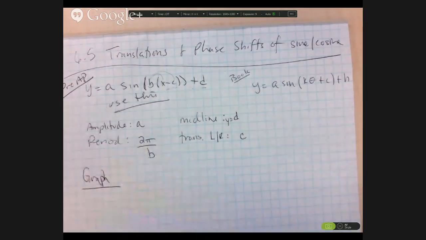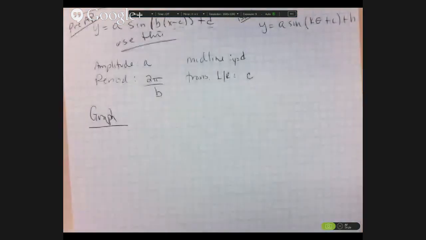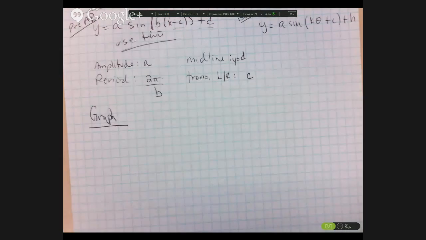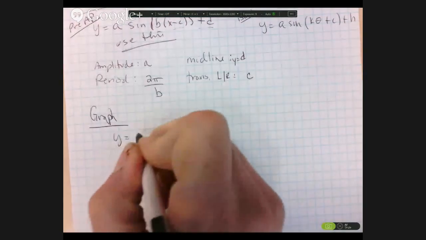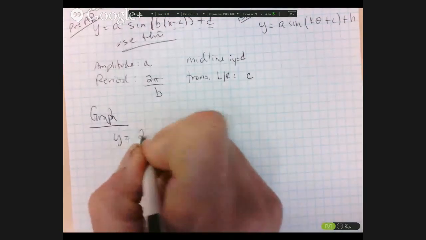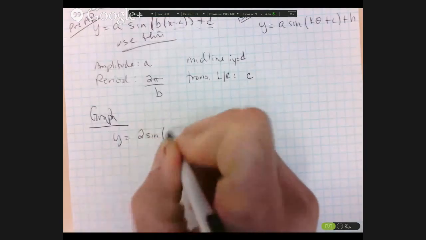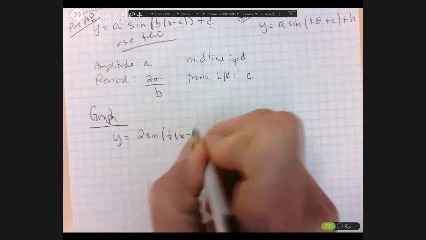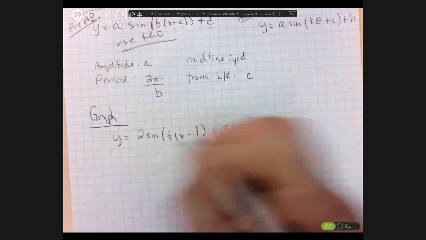And I'm going to do this in what's called a window pane. And then we're going to throw that window pane on a grid. So y equals 2 sine 1/2 x minus 1 plus 3.